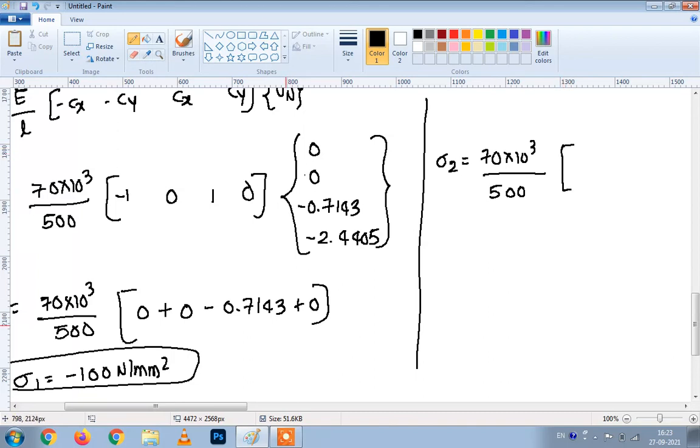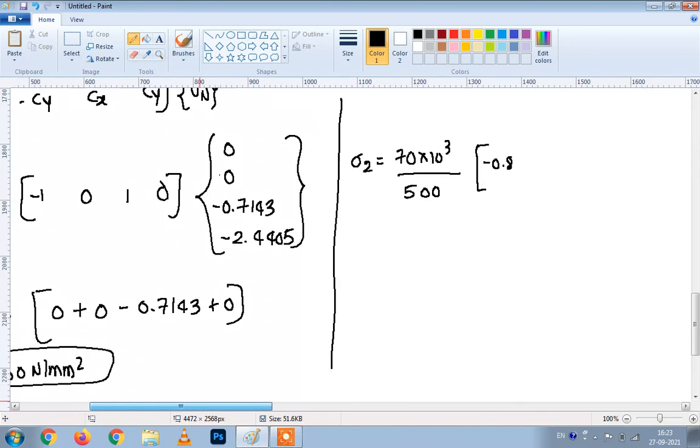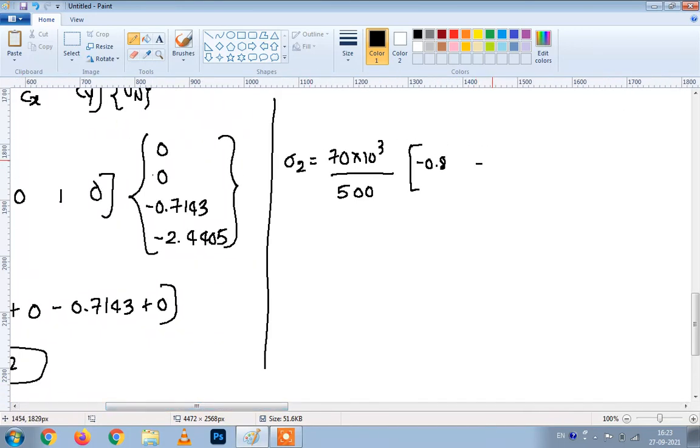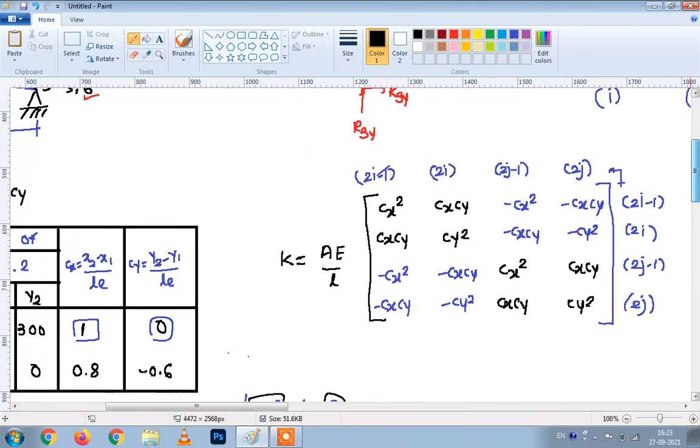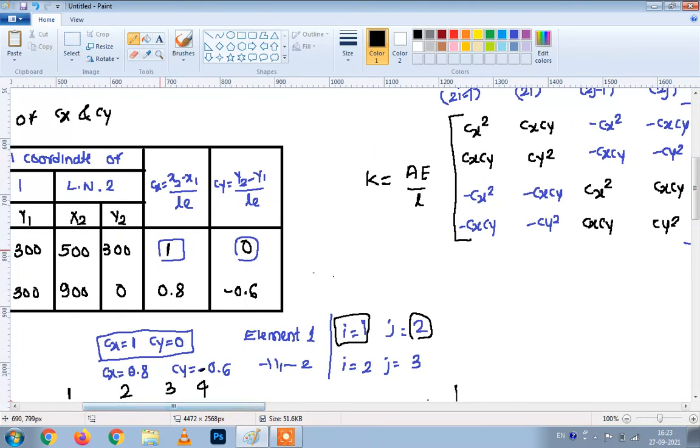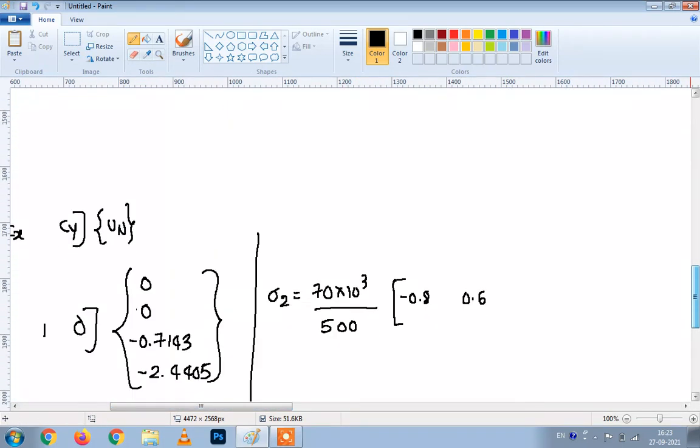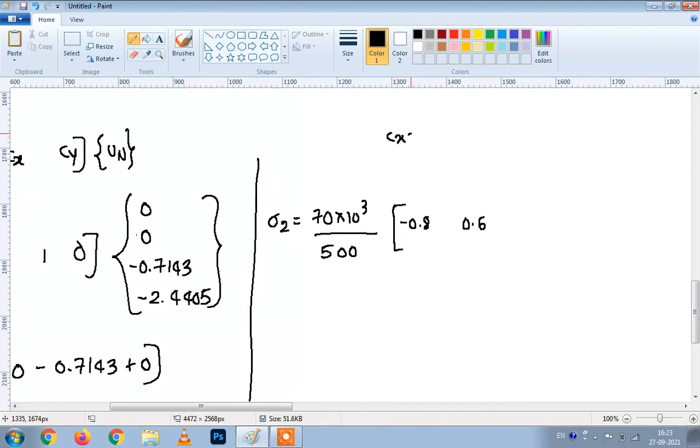The value of Cx for element number 2 is plus 0.8 and Cy is minus 0.6.